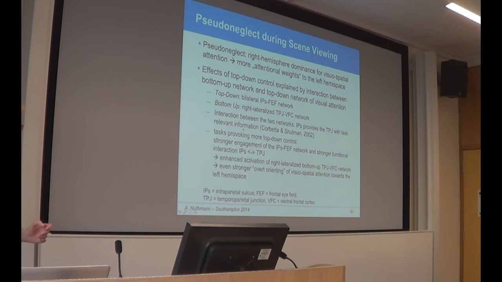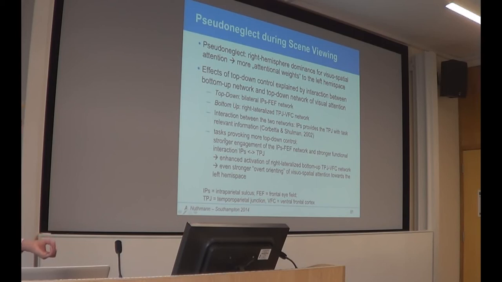And what they propose in their paper is that there's an interaction between the 2 networks. So the top-down network, these IPS here, the intraparietal sulcus, provides the bottom-up one with task-relevant information, and we just took that and tried to apply it to our situation, and it is speculative.